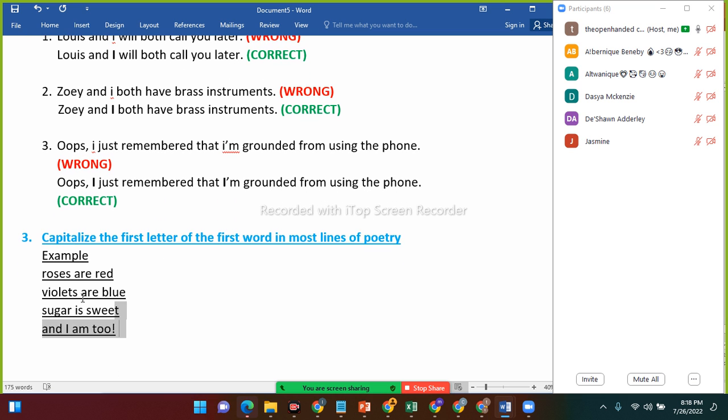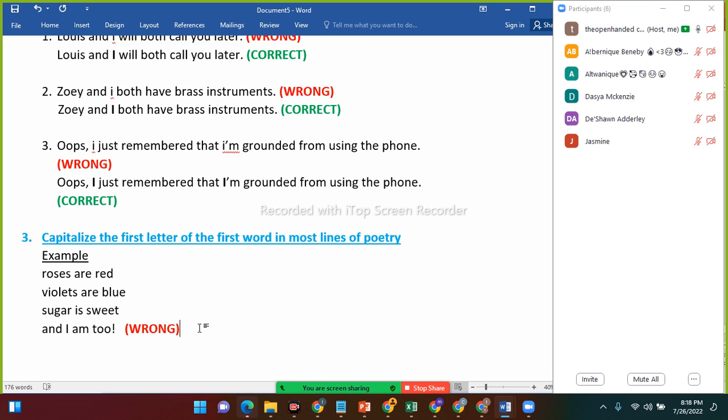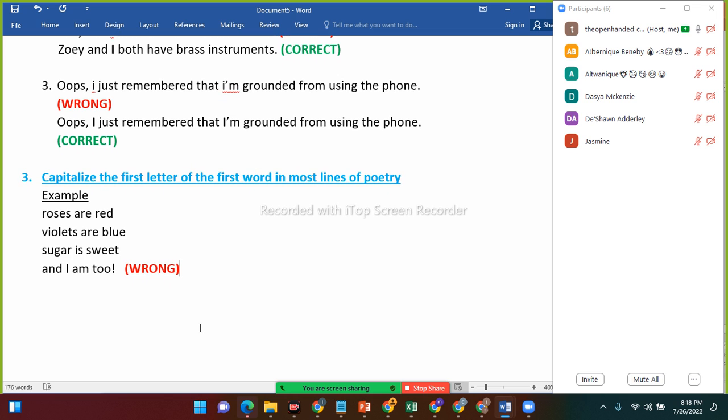So this is a poem, but what are we doing wrong in this poem?